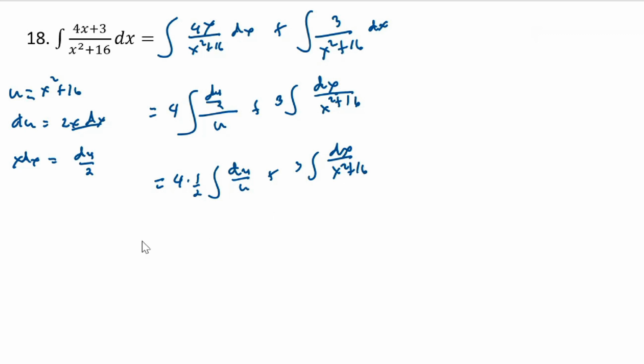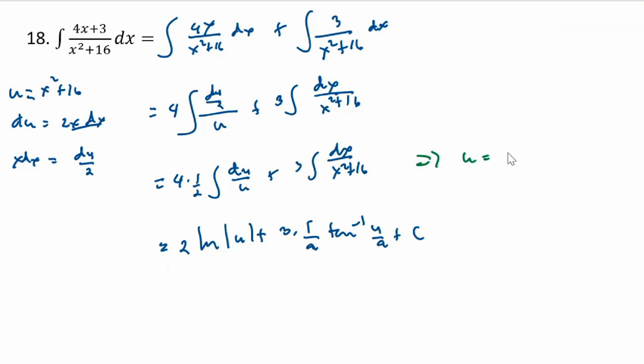Now integrating this one, we can now have 4 times 1 half is 2 times ln of the absolute value of u plus 3 times 1 over a arc tangent of u over a plus a constant. Now let us solve this first. From the second term, we have u equals x and a is equal to 4.